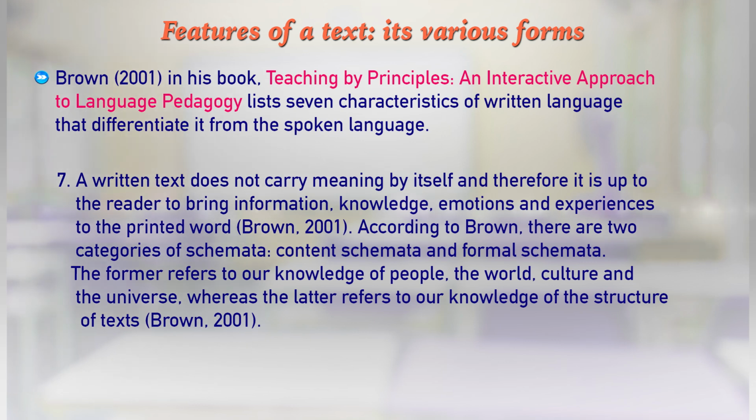The former refers to our knowledge of people, the world, culture and the universe, whereas the latter refers to our knowledge of the structures of texts. Thus, a written text with all its complexities achieves its fruition only when a reader decodes its meaning and either deciphers the meaning that the author has intended or gets a different meaning from the text when unable to get the writer's encoded message.